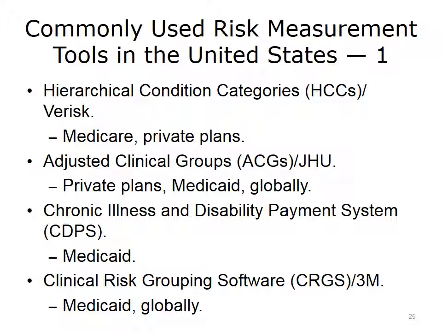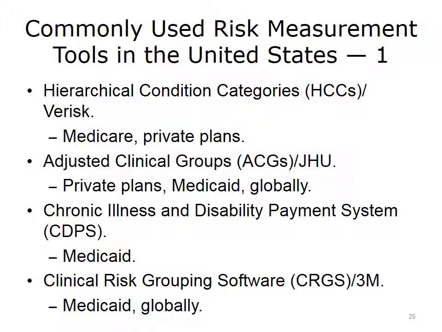A commercial version is also distributed by a company called Verisk. HCCs are also used to adjust the performance targets for Medicare's ACOs. Their strength is in financial applications because they are calibrated for that task in particular. On the other hand, the developers of HCCs have a full array of tools on a commercial basis that are available for all types of care management activities.